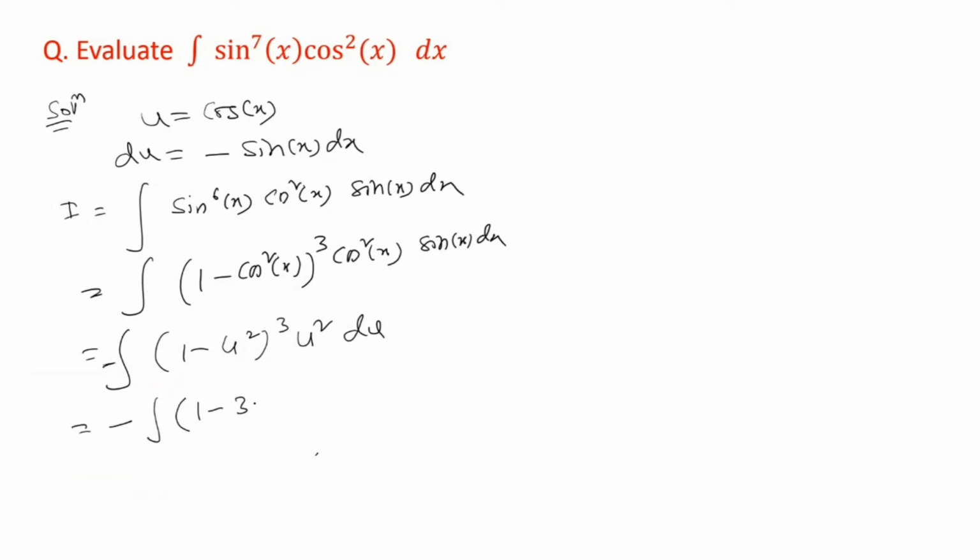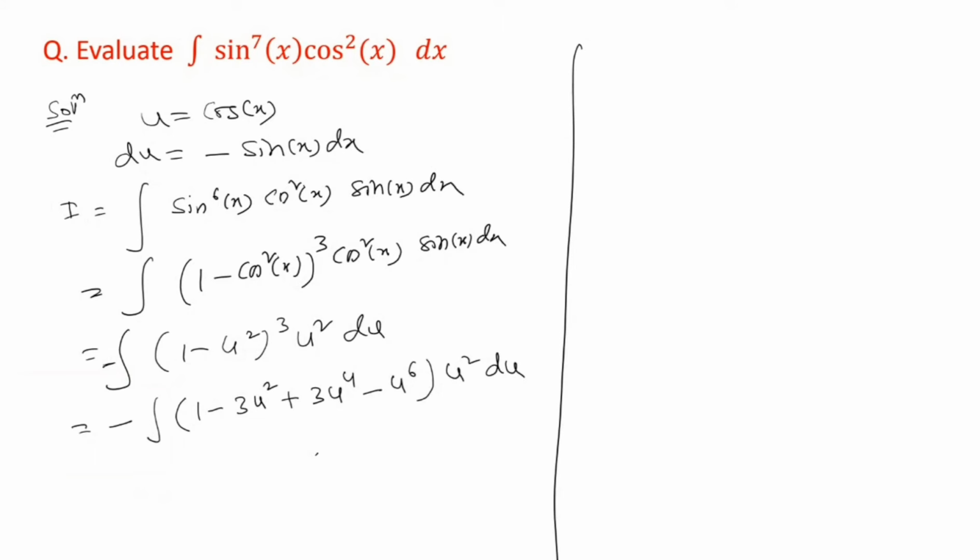Expanding gives 1 minus 3u squared plus 3u to the power 4 minus u to the power 6, times u squared du. Simplifying, keeping the minus as it is, we get u squared minus 3u to the power 4 plus 3u to the power 6 minus u to the power 8 du.